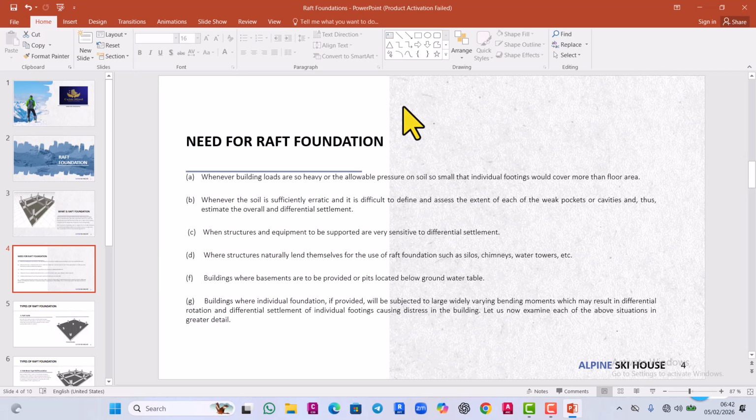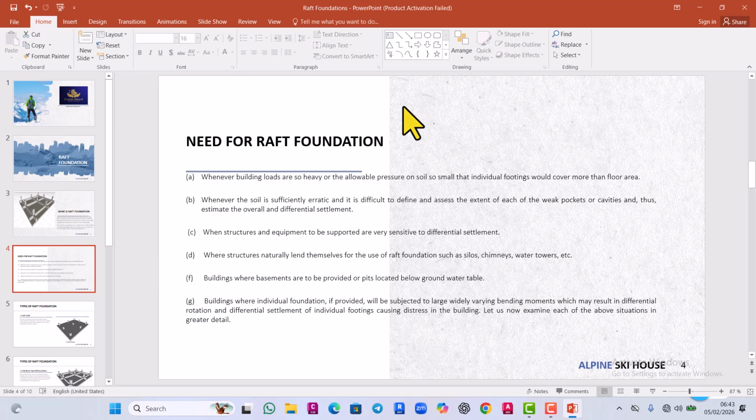The properties of the soil are not closely uniform, because soil can never be uniform, but there are differences and changes in the soil properties. So you cannot determine the estimate of the settlement. You couldn't just define the soil because there is erratic change in the properties of the soil around the site. So in that case, raft foundation is recommended.